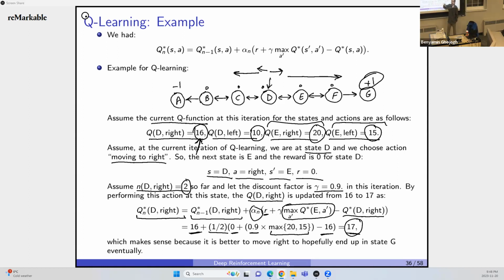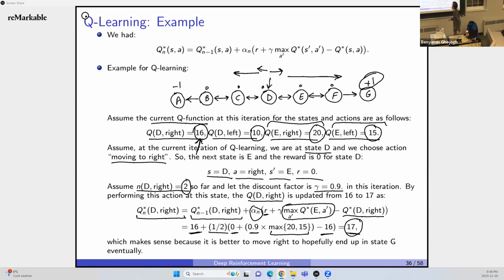And the Qs will change in a way that in this game, all of the Q of any state and right becomes very large. All of the Q of any state and left becomes very low, maybe close to 0. But Q of any state to the right becomes very large, maybe 20, 30, right?